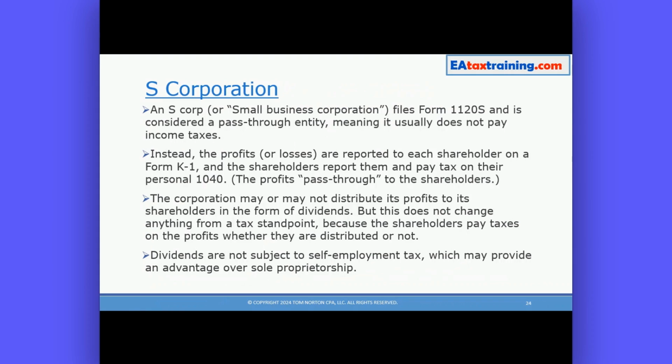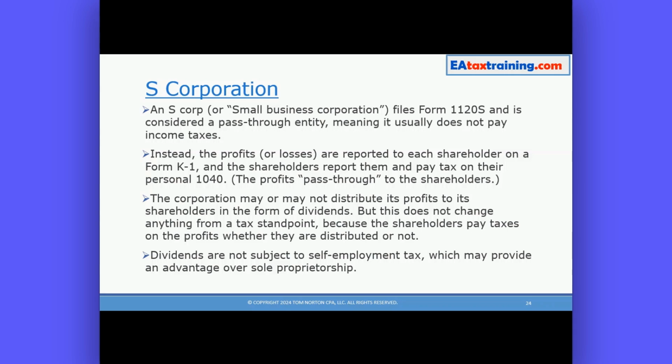So instead of the S Corp paying taxes themselves, like a partnership or very much like a partnership, the profits or losses are reported to each shareholder on a Form K-1, and then the shareholders report those profits or losses and pay tax on their own personal Form 1040. So in other words, the profits pass through to the shareholders. And again, like a partnership, the corporation may or may not distribute its profits to the shareholders, but it doesn't matter with an S Corp because the shareholders have to pay tax on those profits, whether or not any cash is actually distributed.